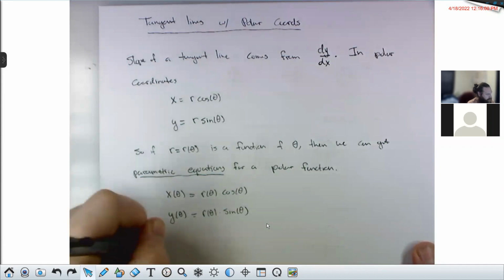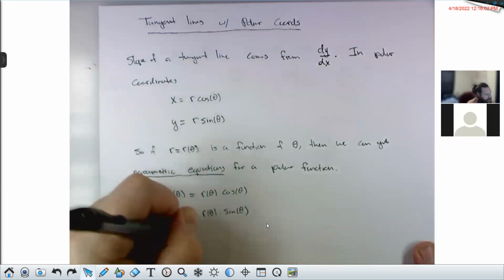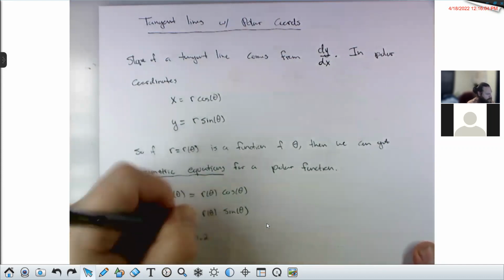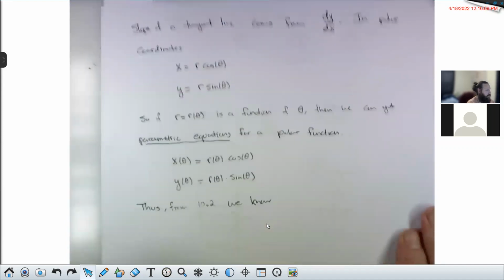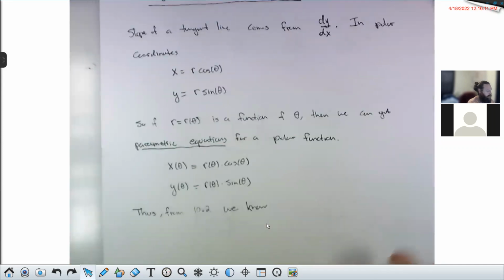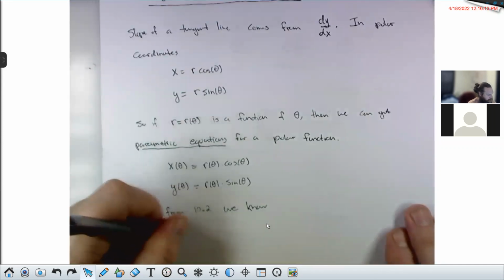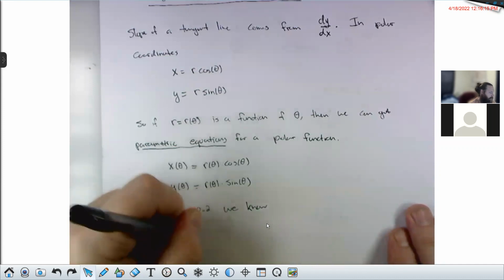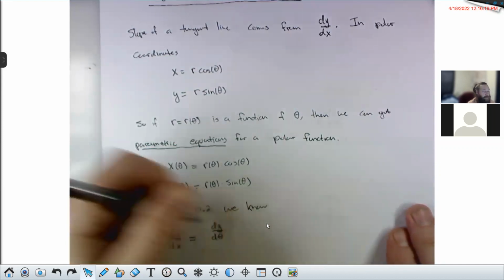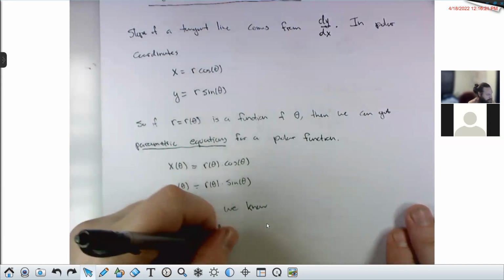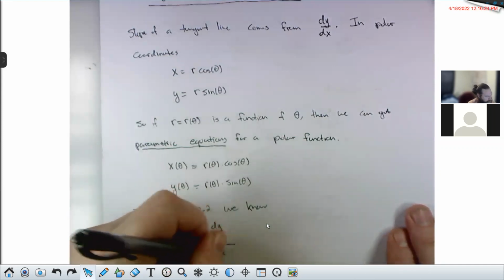Thus, from section 10.2, we know that dy dx should be dy d the parameter, so dy d theta, divided by dx d theta.